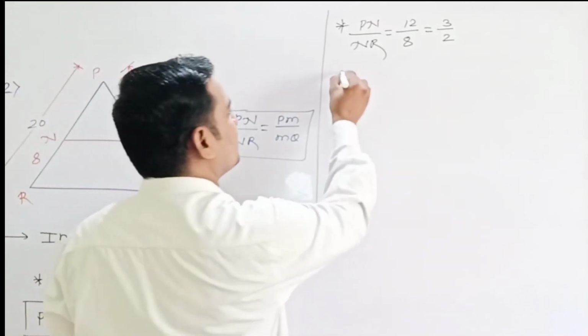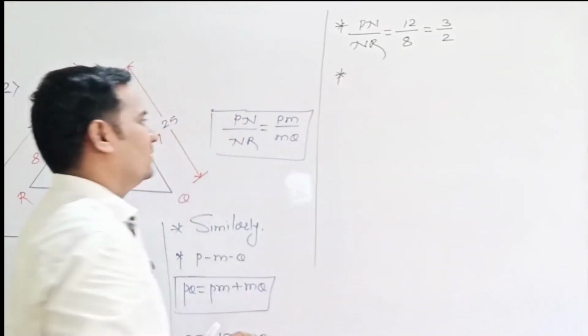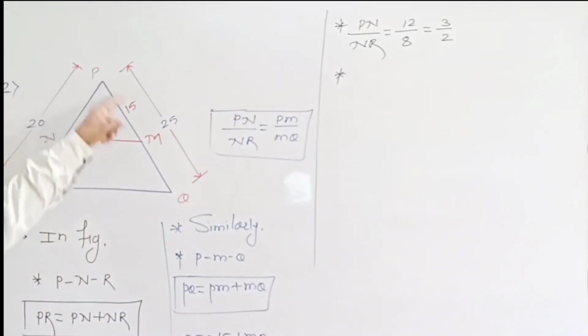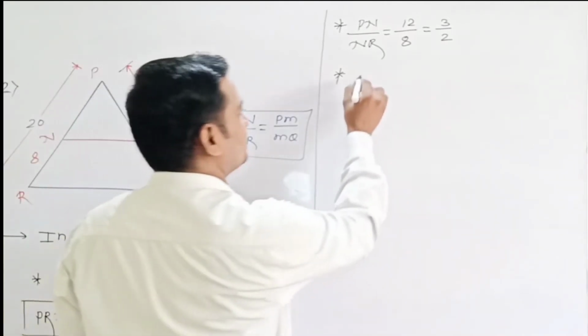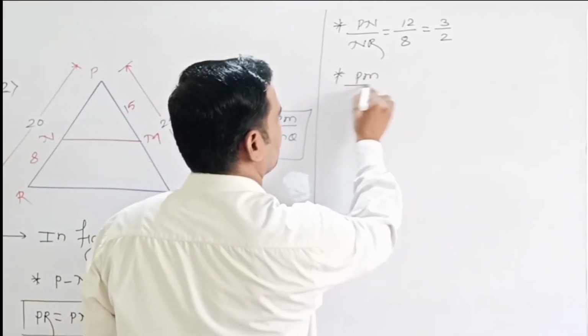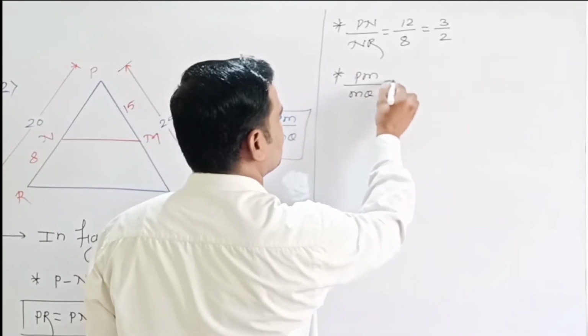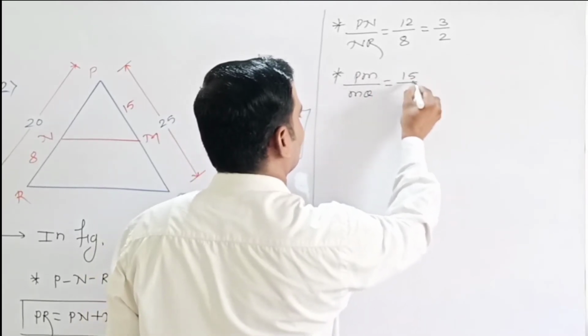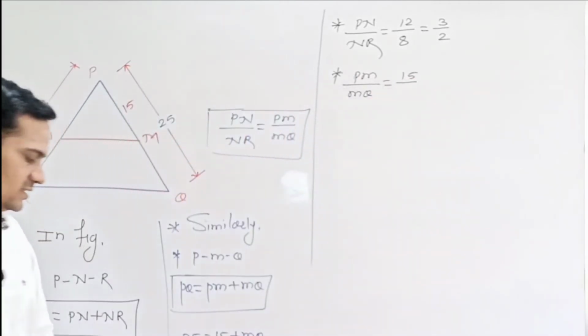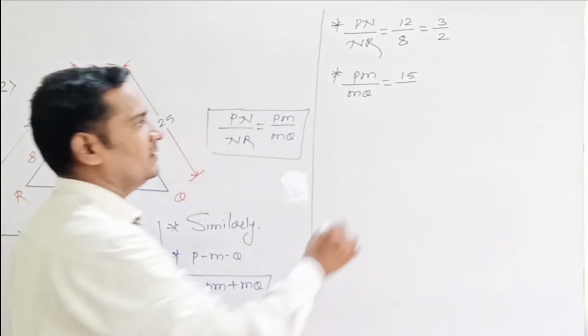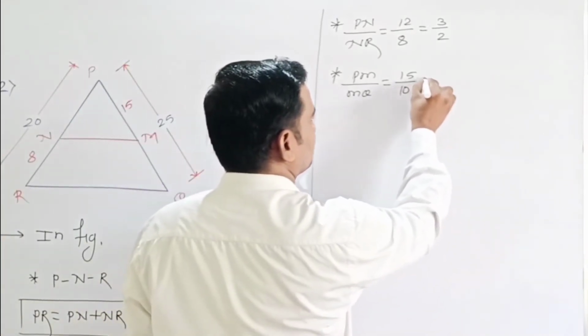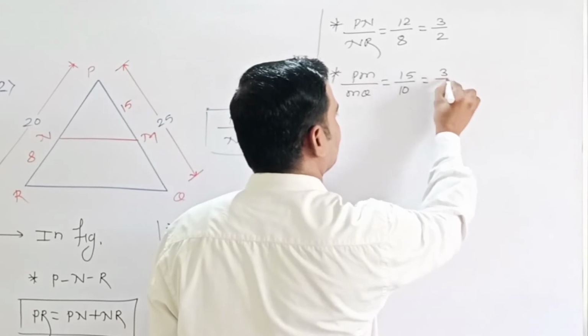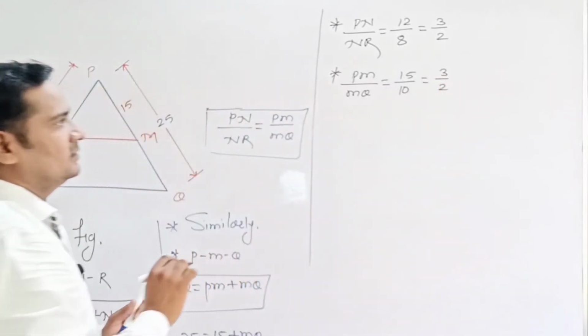Let's check out the next ratio. Which is the next ratio? This, PM upon MQ. PM upon MQ is equal to 15 upon MQ, which from equation number 2 is 10. So that will be 5 3s are 15, 5 2s are 10.